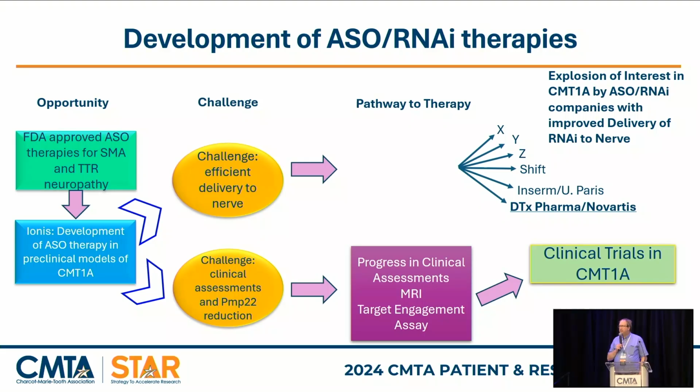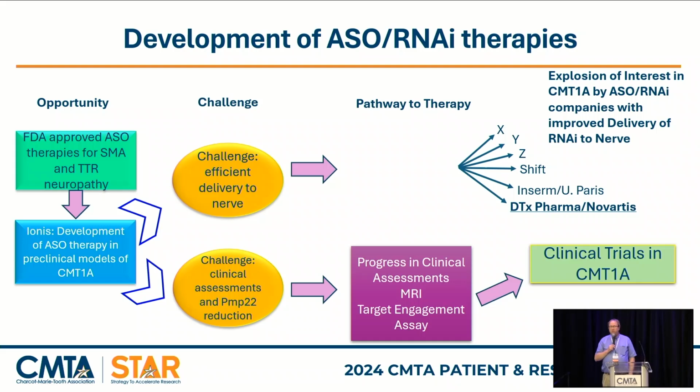Now, at that time, we actually were confronted by two major challenges that we had to really confront. One of which was we weren't ready at that time to really initiate clinical trials for CMT1A. We didn't really have sophisticated outcome measures or other biomarkers that we could use to support efficient clinical trial design.